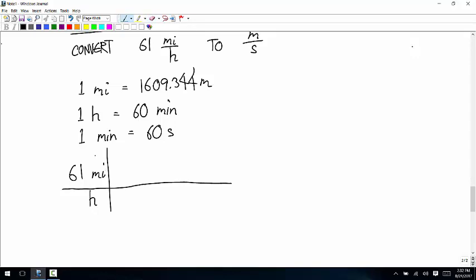And the first thing I'm going to do is convert the miles to meters. So in that calculation, what are the unwanted units? Miles. So I want to cancel the miles in the numerator with miles in the denominator here.